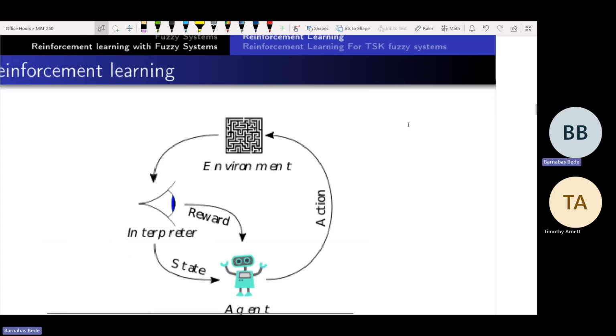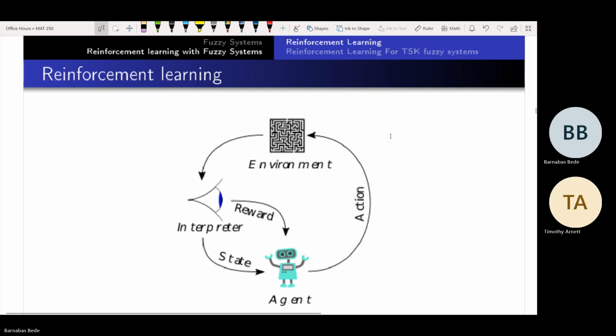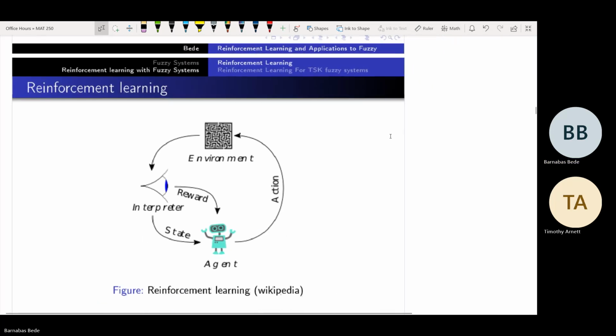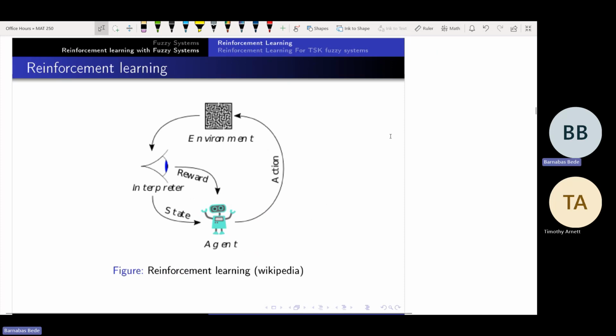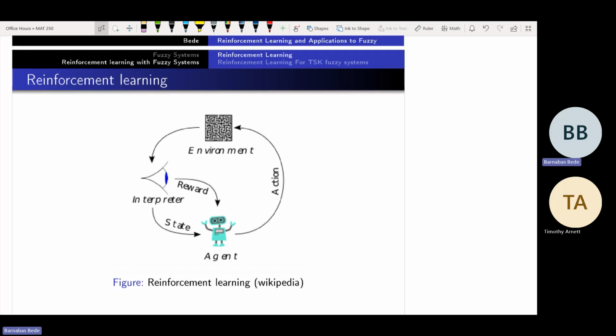So what is reinforcement learning? Reinforcement learning is a paradigm in training various machine learning algorithms, where an agent observes the environment and gets a state from the environment.